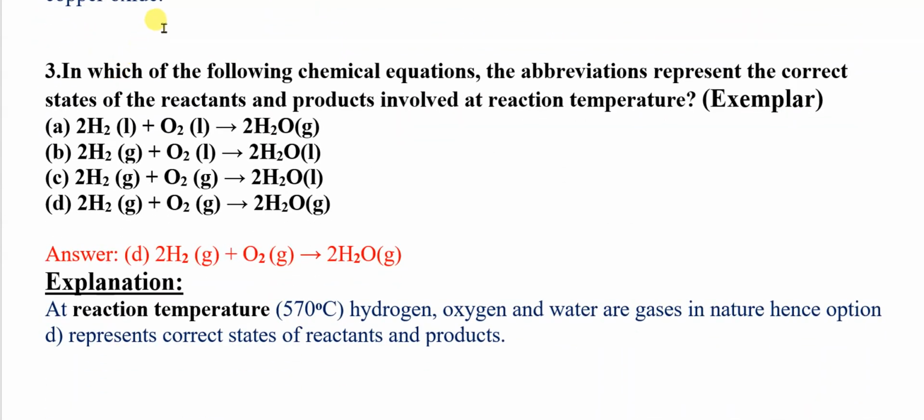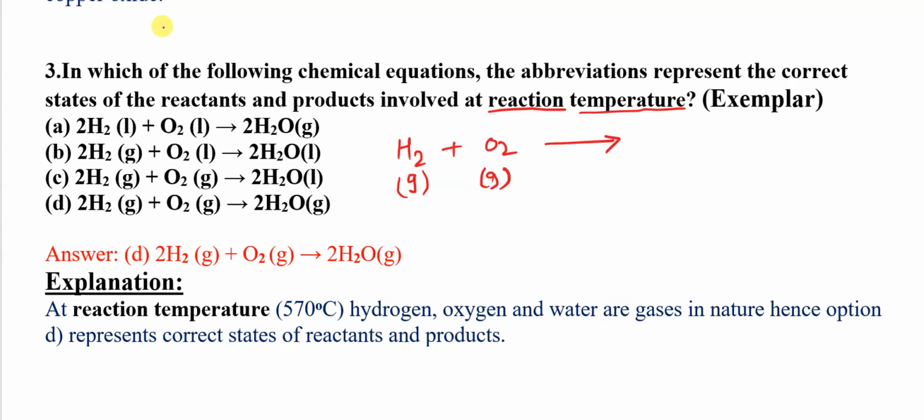In which of the following chemical equations do the abbreviations represent the correct states of reactants and products involved at reaction temperature? Suppose you take hydrogen gas and oxygen gas; remember they are gases. It is mentioned very clearly at reaction temperature, not room temperature, so be careful. Hydrogen and oxygen are in the gaseous state.